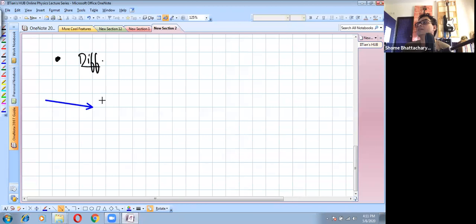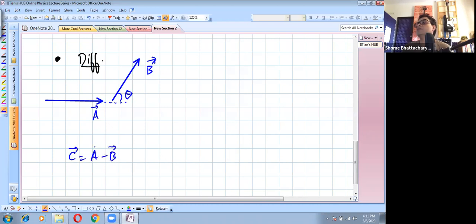If this is vector A and this is vector B, and the angle between them is this theta, then to find the vector C, let's say, which is the difference A minus B, we actually work out the sum of the vector A with the vector of minus B. So that was the explanation of how we do this operation.